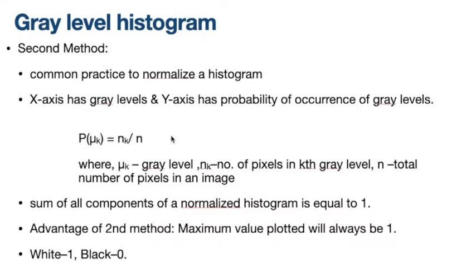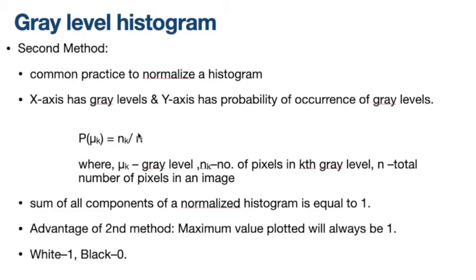Okay, and this probability is given by p of mu k, that is equal to nk by n, where mu k is the gray level, nk is the number of pixels in the kth gray level, and n is the total number of pixels in an image.